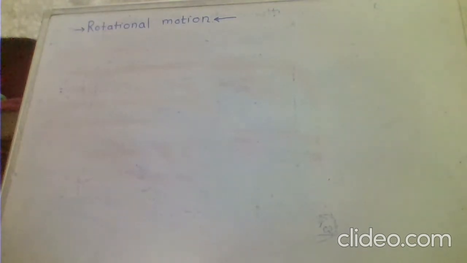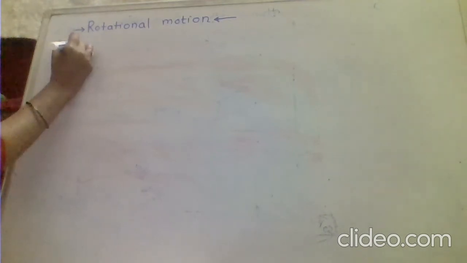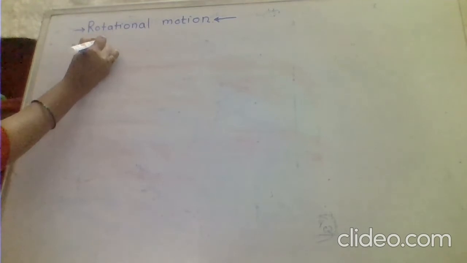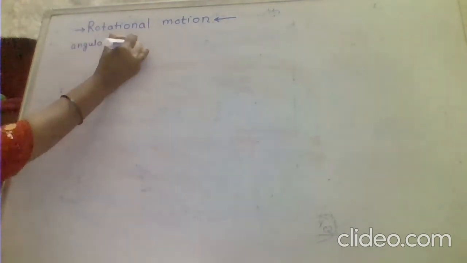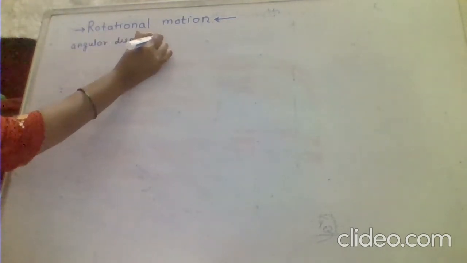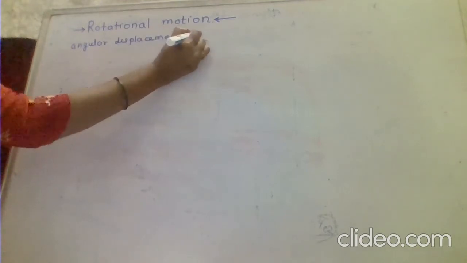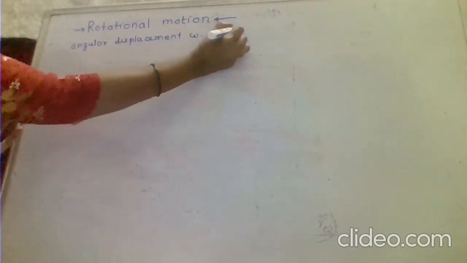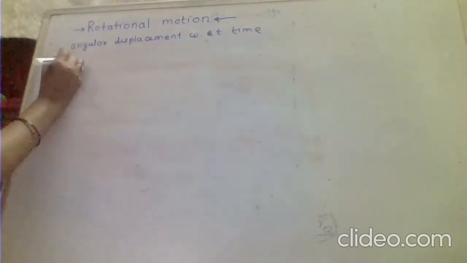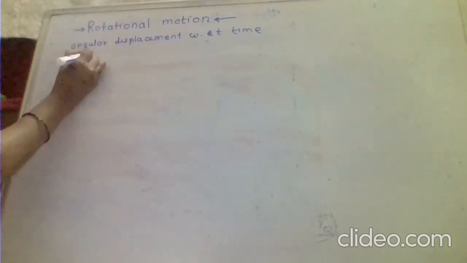We know angular velocity is the rate of change of angular displacement with respect to time, and the rate of change of angular velocity is angular acceleration.